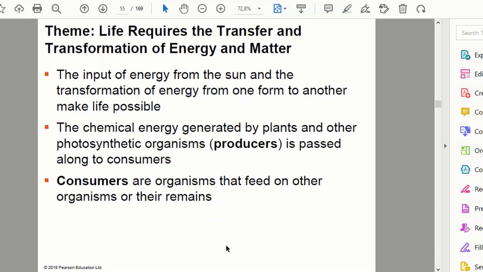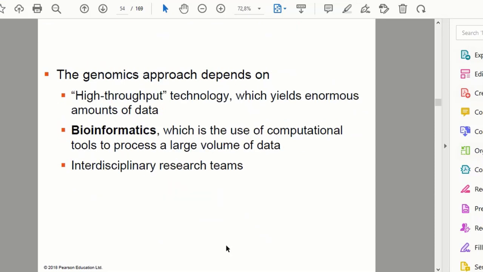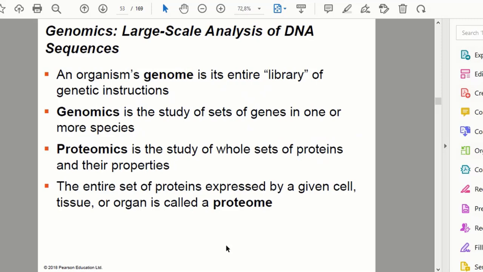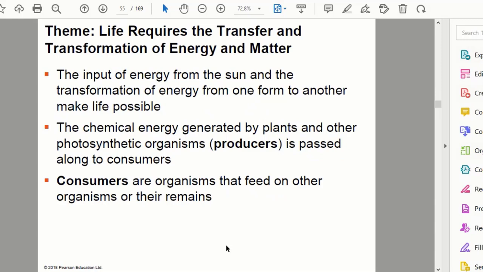Last time we stopped, we were talking about genomics, the large scale DNA analysis and sequences, and we stopped here.